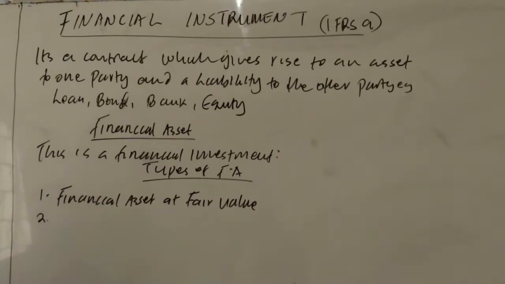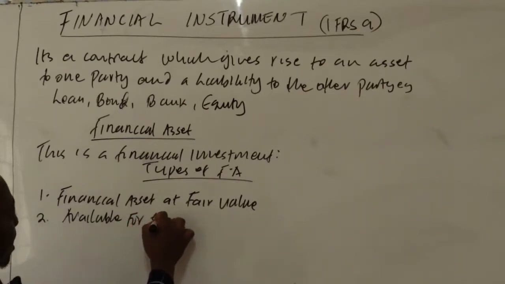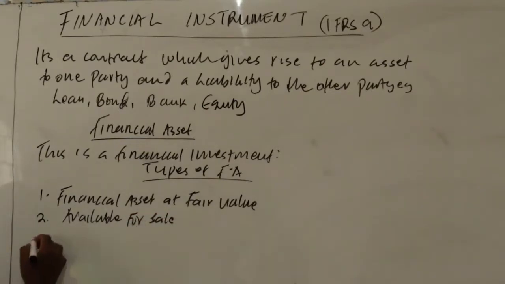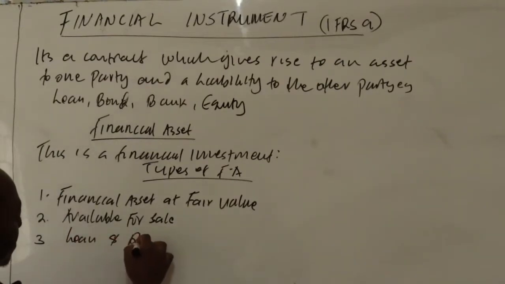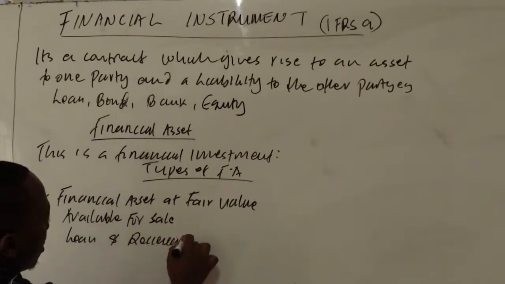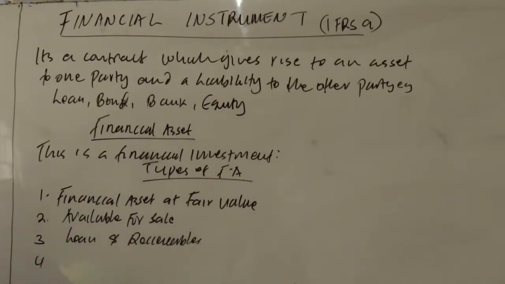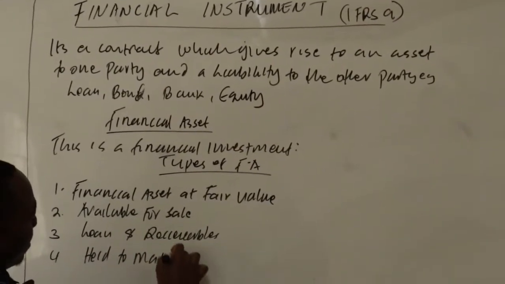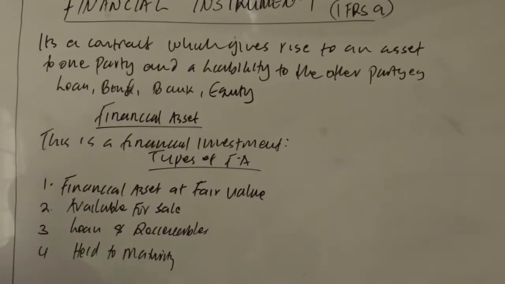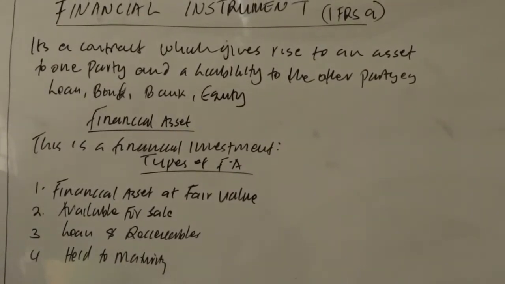Number two, we have available for sale financial asset. Number three, loan and receivables. And then number four, we have held to maturity. Those are the four broad categories of financial asset.